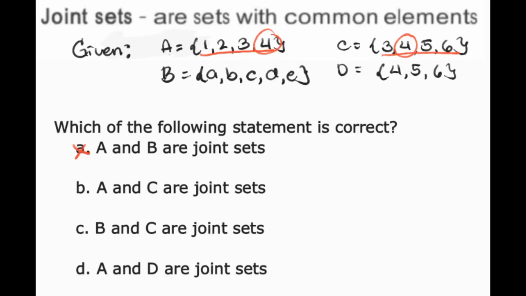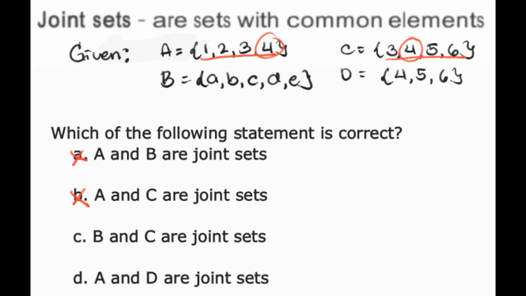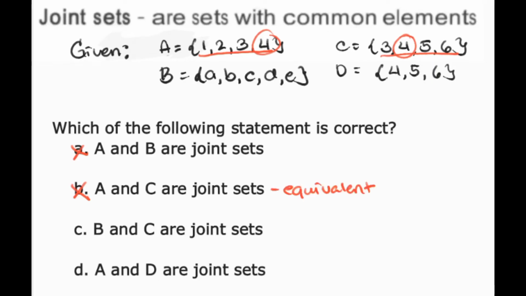But letter B is not considered as a joint set. Bakit? Hindi po sila consider na joint set because mas mataas yung relation nila compare kay joint set because we can call them equivalent sets. So, tandaan natin, kapag po same ang number ng elements, so they are equivalent.